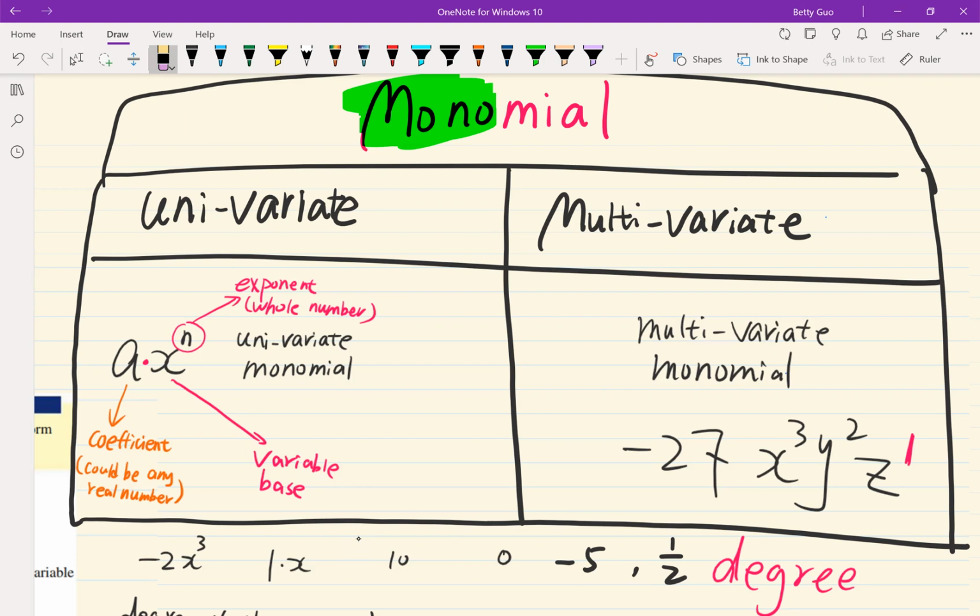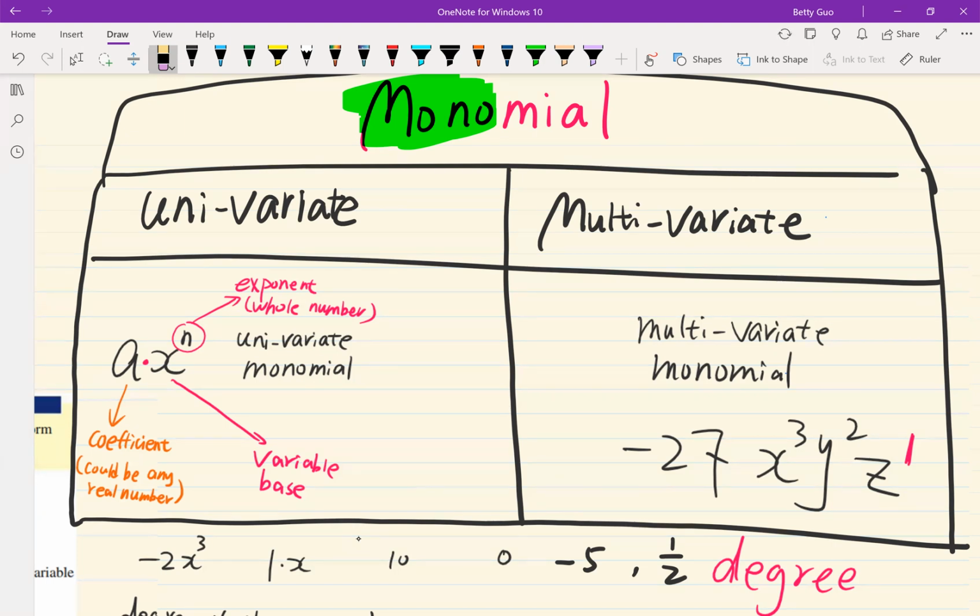-2 multiplied by x to the power 3. Look at the definition and then look at our expression. Is -2 times x to the power 3 a monomial? We need to remember the name, monomial, super important.